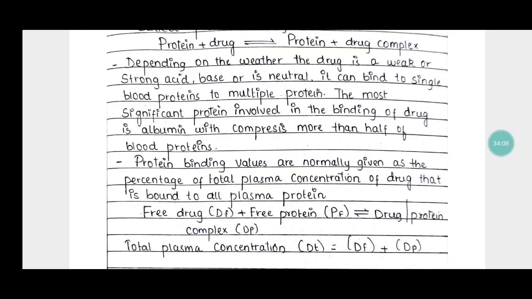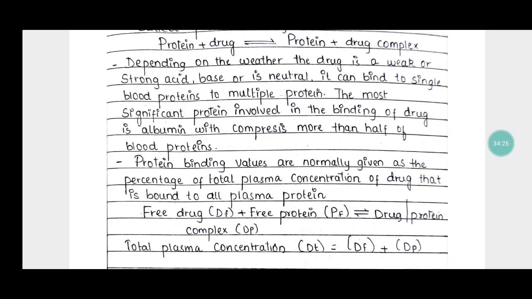The most significant protein involved in the binding of the drug is albumin, which comprises more than half of the blood protein.